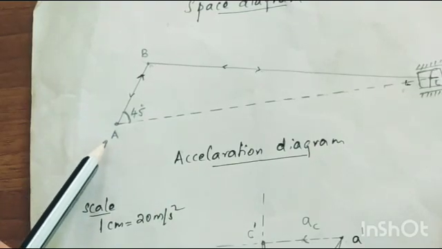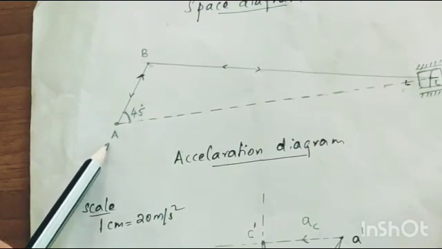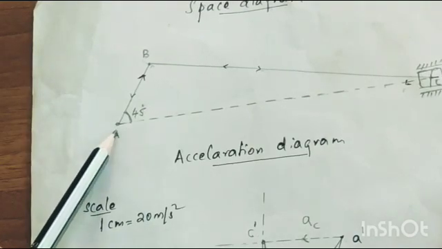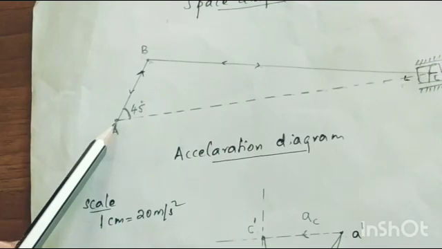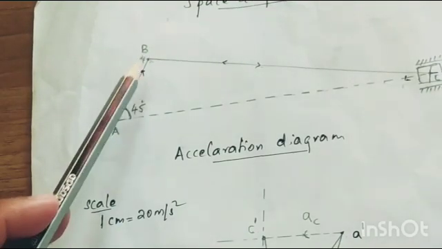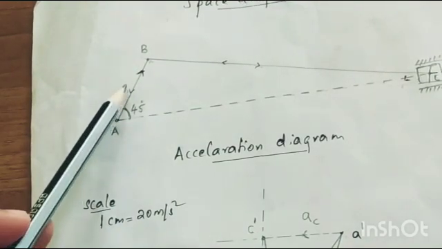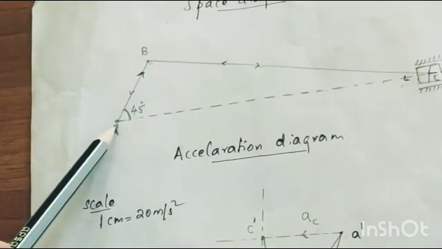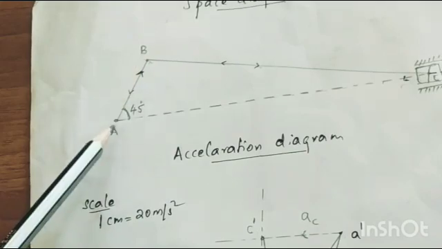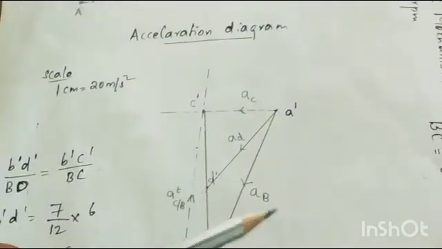We will draw the radial component first and tangential component. Since you know that we don't have a tangential component here, since this is the crank, only the radial component is enough. In order to draw that, the direction is along the link length, and we have to take the downward direction because the radial component always acts towards the center. So downward direction we'll take. So that is what we have done here.